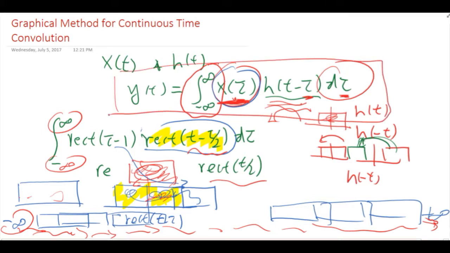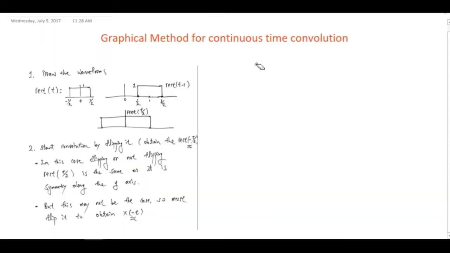Now I'm going to use the next example to further elaborate the whole mechanism, because sometimes it is quite difficult to use the analytical method to solve the integration. Take this particular example: we'd like to find the convolution of rect of t minus 1 convolved with rect of t over 2.